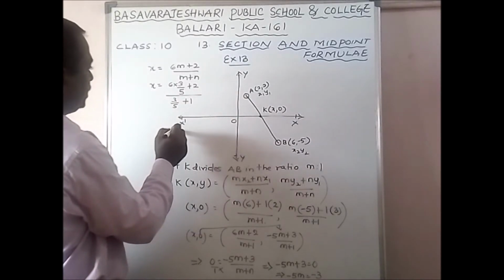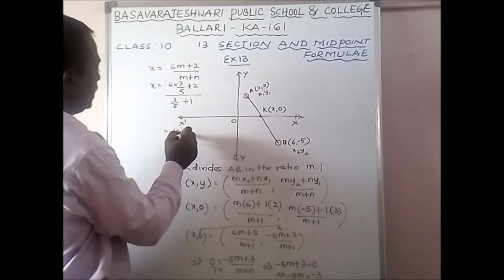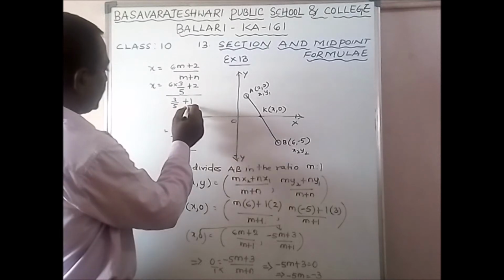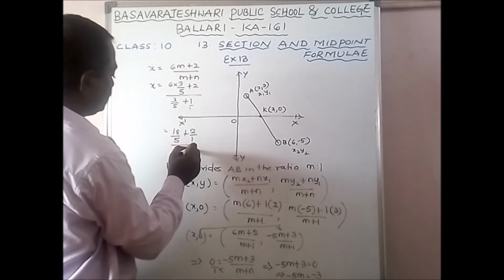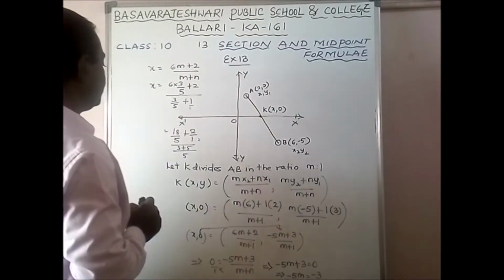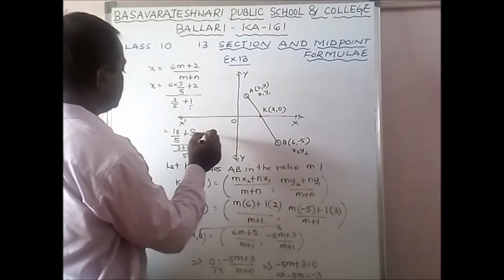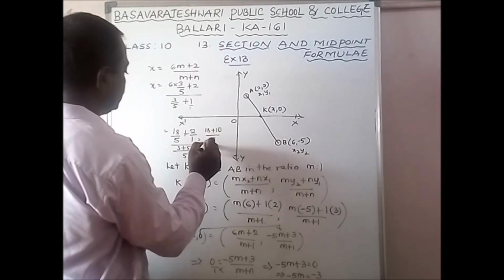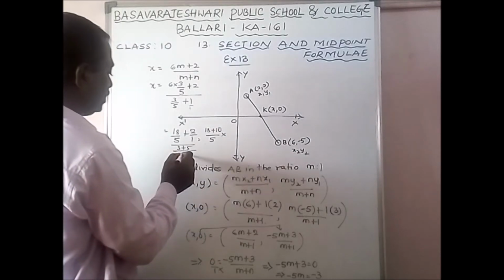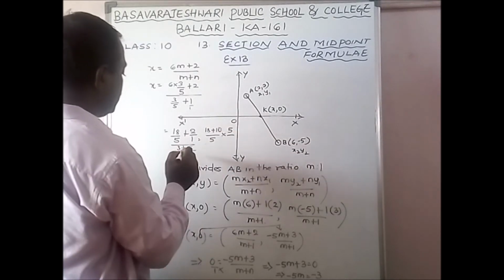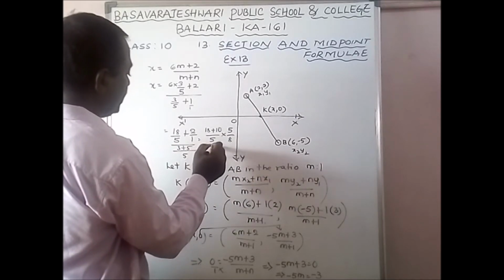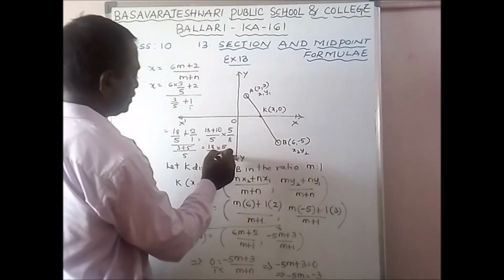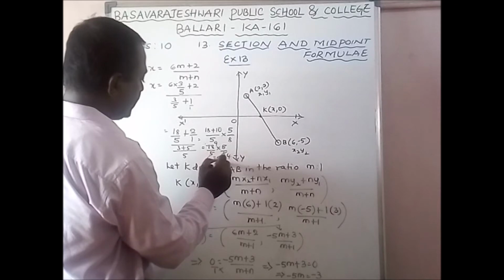This is nothing but (18 by 5 plus 2) by (3 by 5 plus 1), taking LCM 5 in both. So 18 plus 10 by 5, divided by 3 plus 5 by 5, that is 28 by 5 by 8 by 5, taking the reciprocal, 18 by 5 into 5 by 8. 5 cancels, 2 fours are 8, 2 nines are 18, that is 9 by 4.